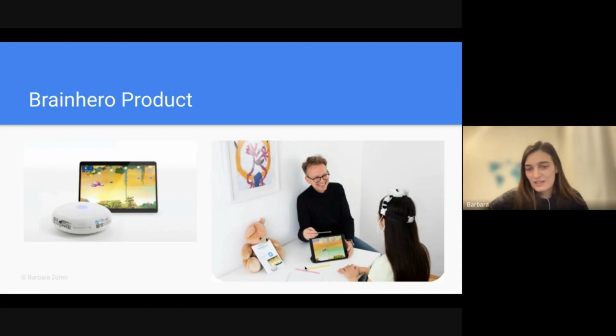The EEG then measures your brain activity, and it gets translated onto the iPad. And when you activate the brain regions, your hero flies up. You can imagine this a bit like Flappy Bird, and it flies down when you have less activity in the brain regions, and this alleviates the symptoms of ADHD and ASD kids.